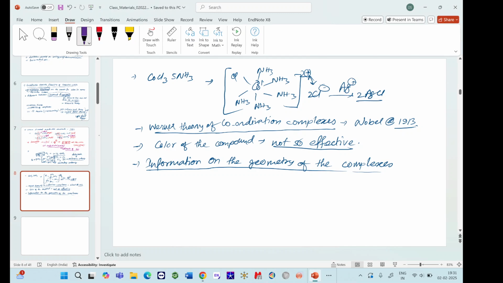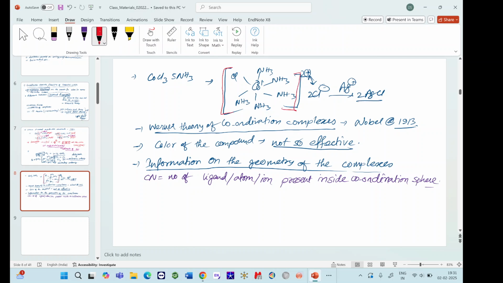depending on the coordination number. Coordination number means the number of ligand atoms or ions present inside the coordination sphere. Okay. So as I told you, this is called the coordination sphere, and the number of ligands, atom or ion, anything.